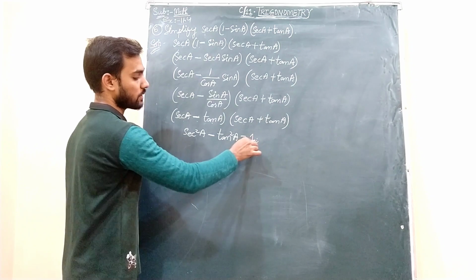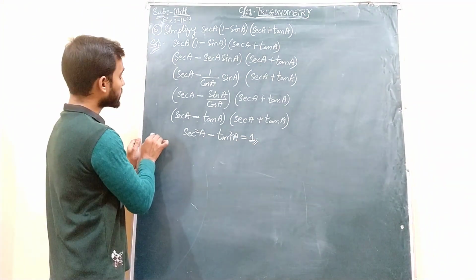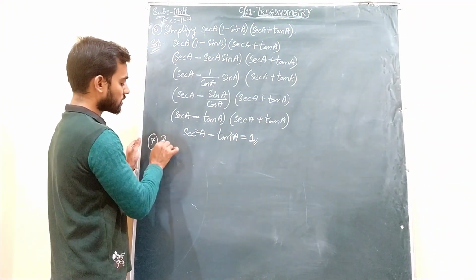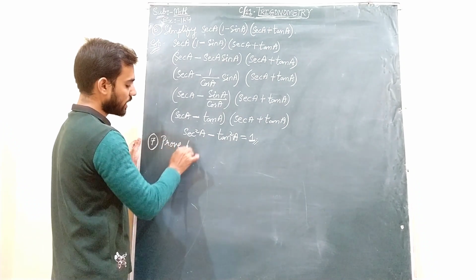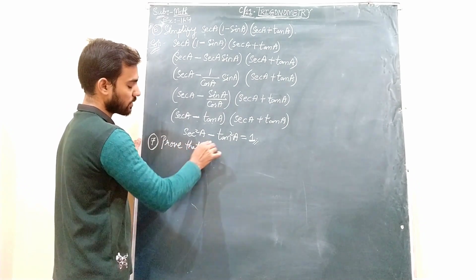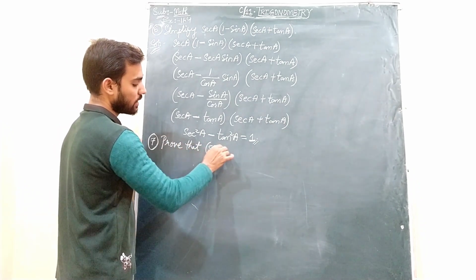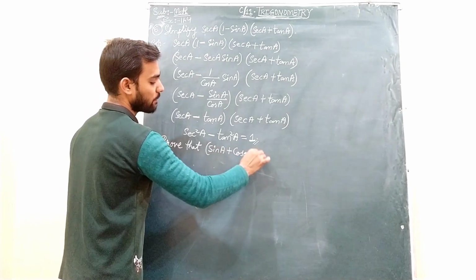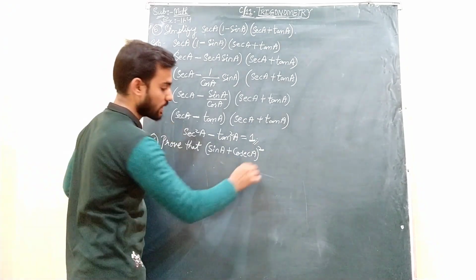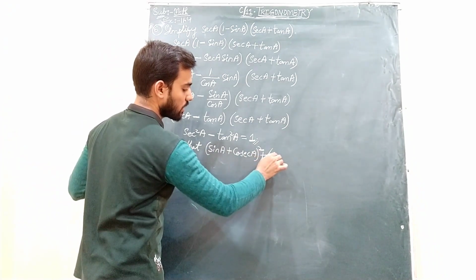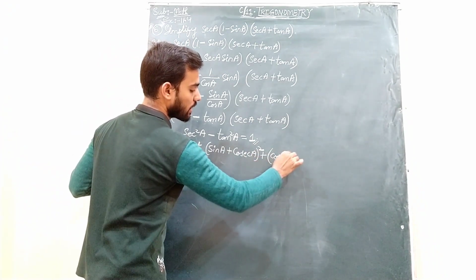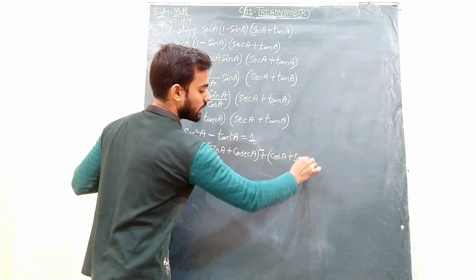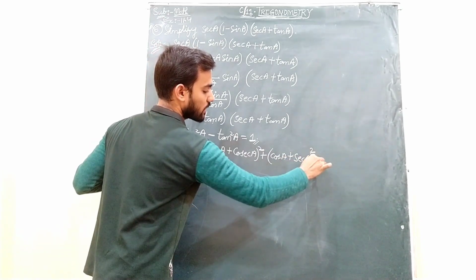This is our answer. Now similarly, question number 7, when you see, it says that prove that sin A plus cosecant A whole square plus cos A plus secant A whole square.